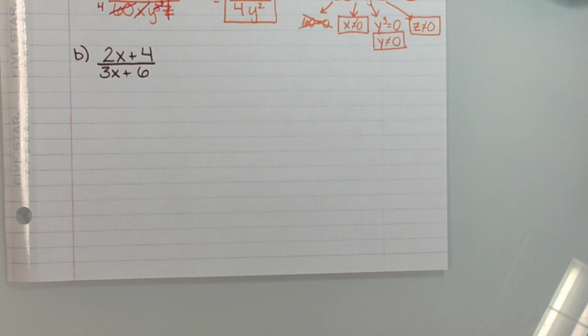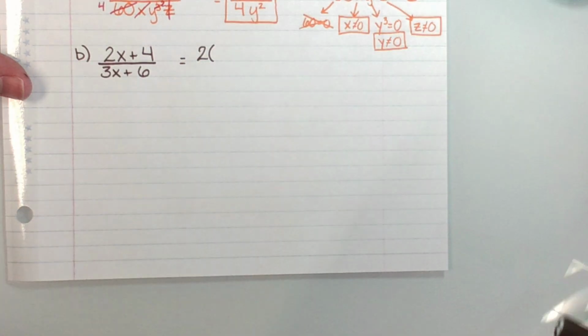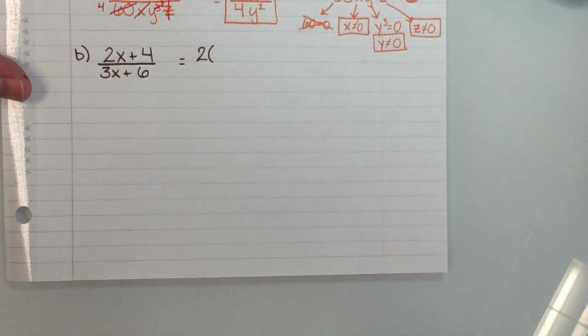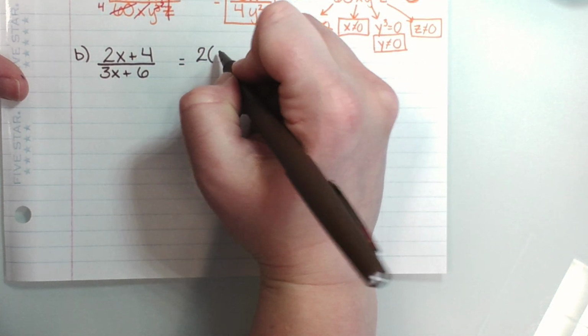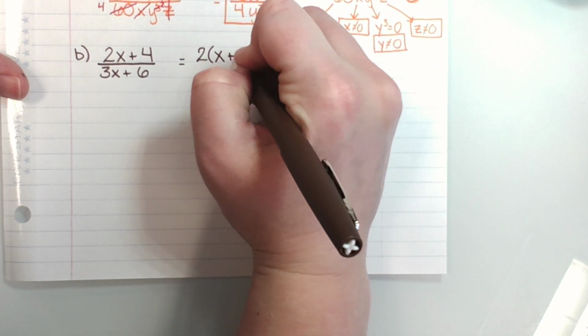GCF, what's the biggest thing that divides out of 2x and 4? 2. Now, if it's a simple factoring like this, I'll factor it right in the fraction. If it's a more complex factoring, I typically take it off to the side so I don't have to keep writing the fraction. When I factor out the 2, what am I left with? x + 2.